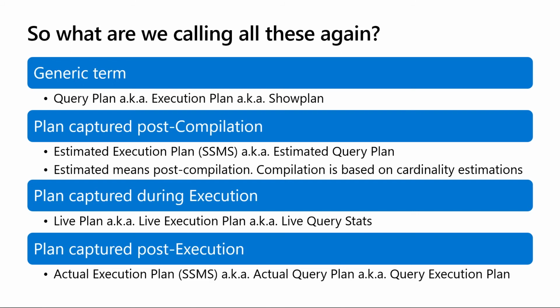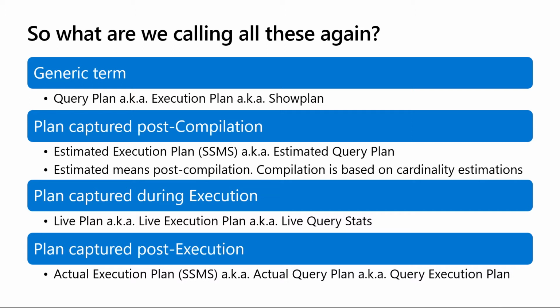So what we call all these again, because we talked about what seem to be different plans, but they're not, they're all the same. The generic term, you can call it query plan, you can call it execution plan, you can call it show plan, but it's a generic term to signify that map, that tree that shows you all the information about what data is getting accessed, how data is being transformed through aggregations or joins, and how data is getting output.